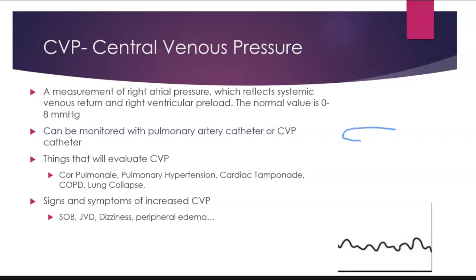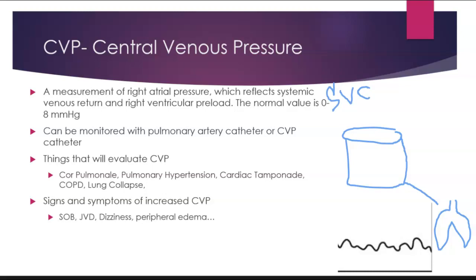Okay, so if I think about the right side of my heart as a pitcher or a glass of water, this glass of water is supposed to be getting pumped out to the lungs. My superior vena cava empties into this glass, and my inferior vena cava empties into this glass.